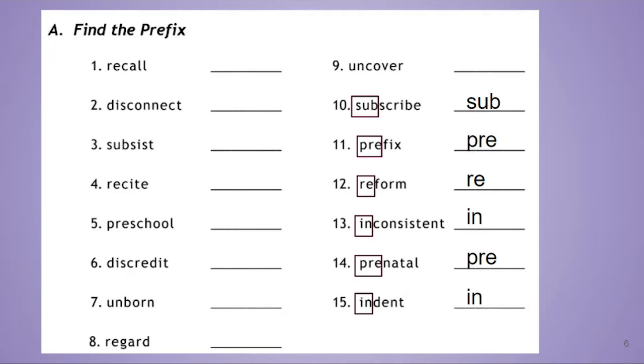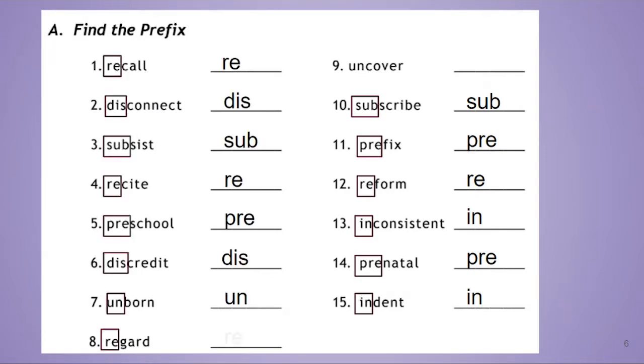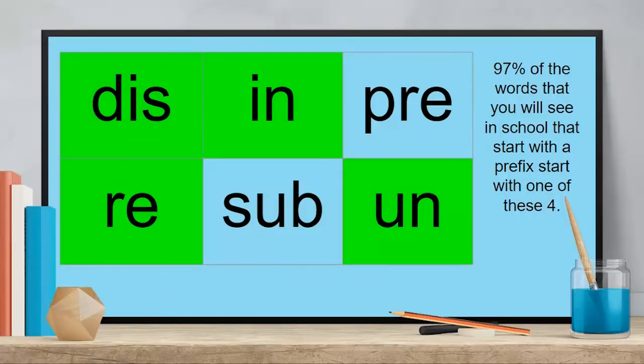So the first thing they do is super easy, and they're like, just find the prefix. So all the answers are there for you. Just look over that pretty quick. And we know this is really easy because 97% of the words that you will see in school start with the prefix either dis, in, re, or un. There are other prefixes, but those are the most common.